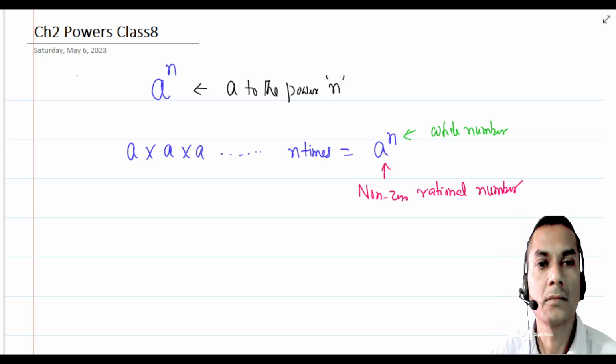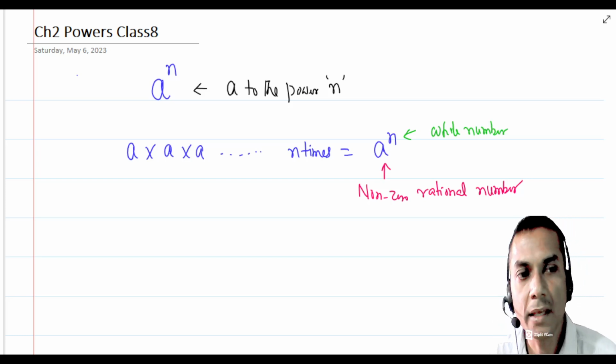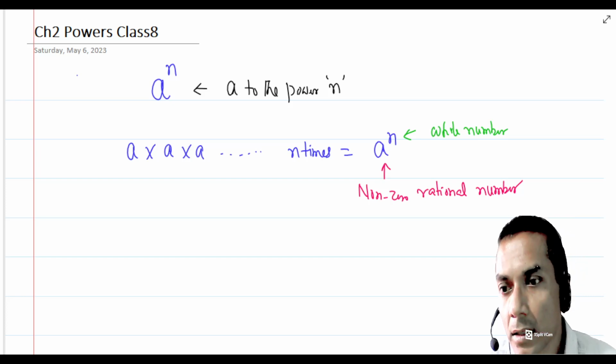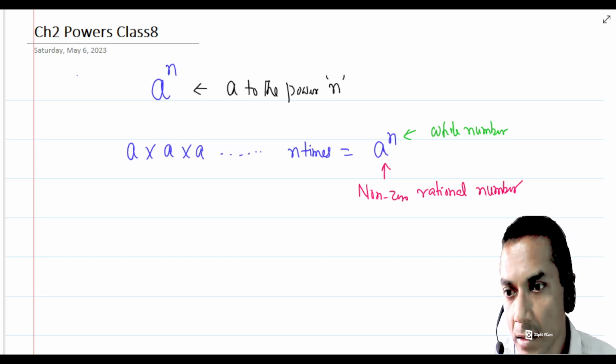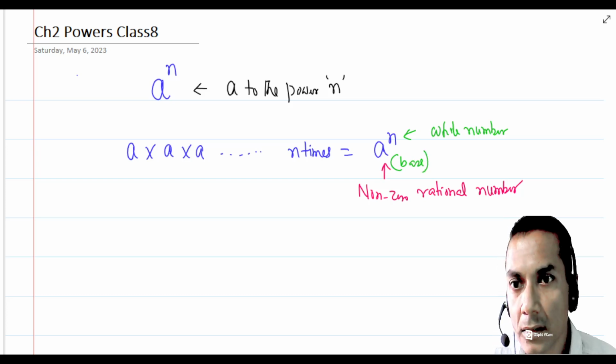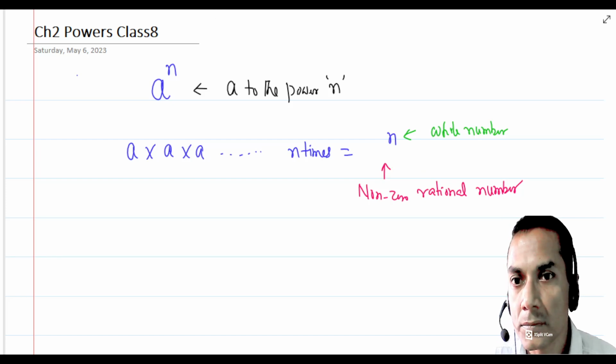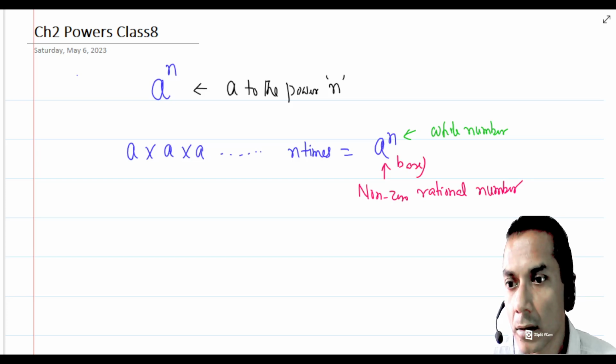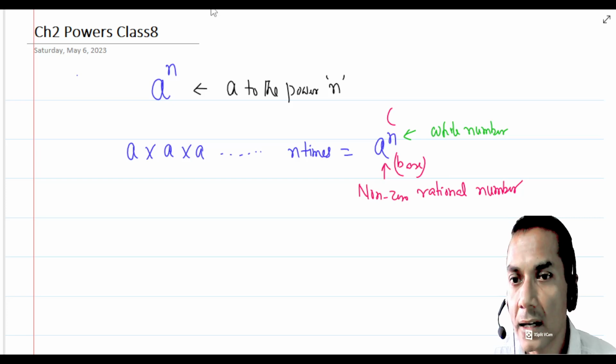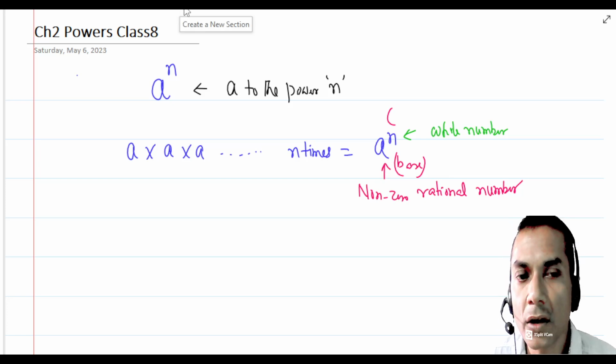Clear? So here a is the base, and n is the exponent or index.